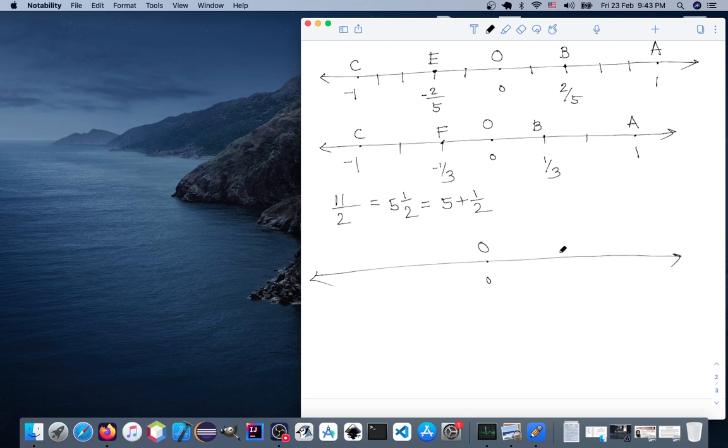So if this is a unit distance, let's say we have 5 unit distances, 1, 2, 3, 4. It is very difficult to represent this number on the number line. 1, 2, 3, 1, 2, 3, 4, 5 will be.